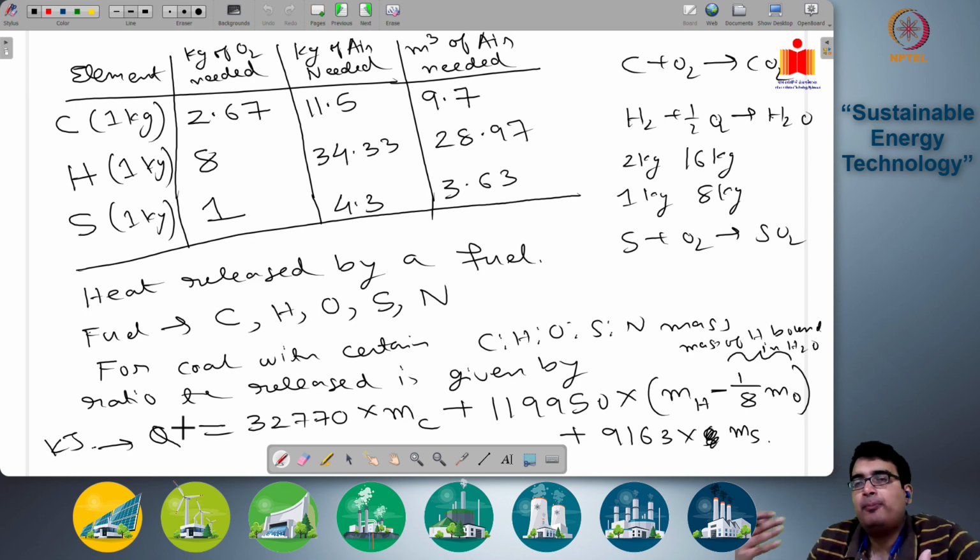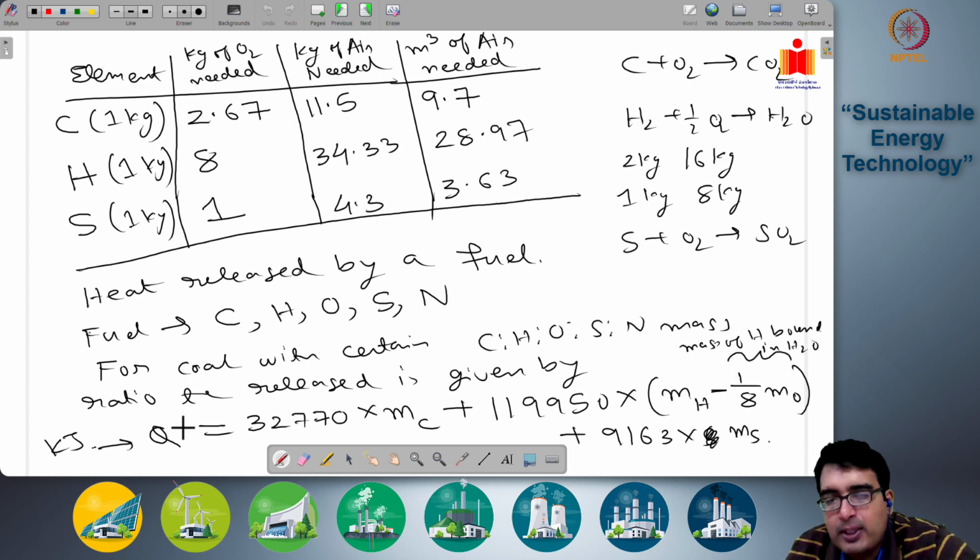Okay, now the power plant is continuously consuming coal to generate heat. So there is a certain consumption rate of coal. So say 100 kgs per second of coal is being consumed. So every second 100 kg is being consumed, and say 1 kg of coal contains this many grams of carbon, this many grams of hydrogen, etc. So you can get the heat generated per kg of coal.